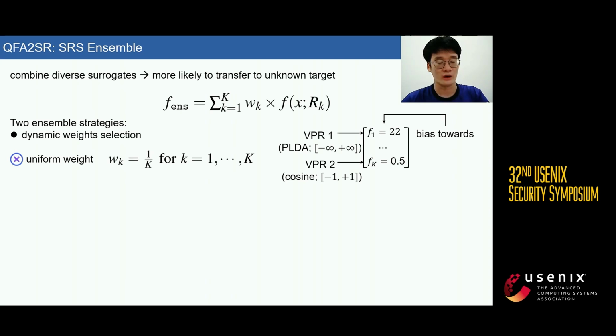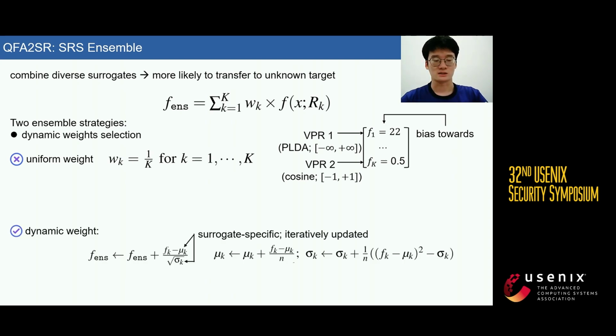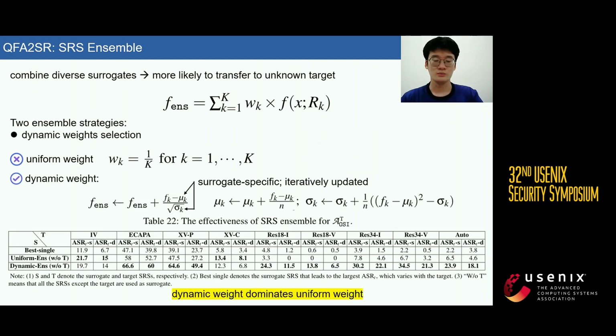So, if we use uniform weights, the optimization will bias towards the model with the larger losses. To address this, we propose to use dynamic weights. At each optimization step, we normalize the loss of each surrogate by its mean and standard deviation. Although simple, the dynamic weight significantly outperforms the uniform weight, except on two systems.